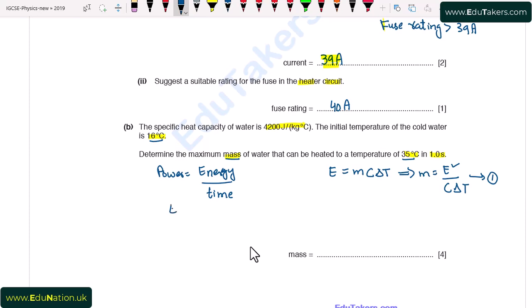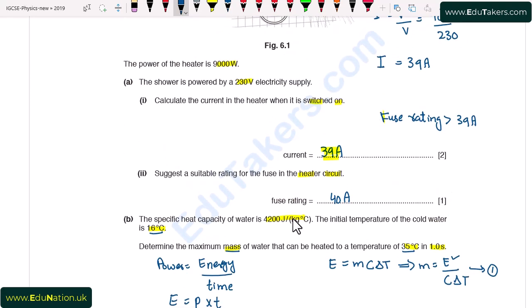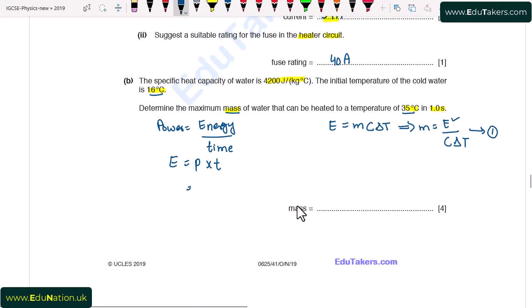So energy E will be equal to power cross time T. The power is given in the first part, that you can see here, it is 9000 watt. So I write here 9000 multiplied by time, which is given as 1 second. So the energy comes to be 9000 joule. Now I am putting this value of energy in equation 1.